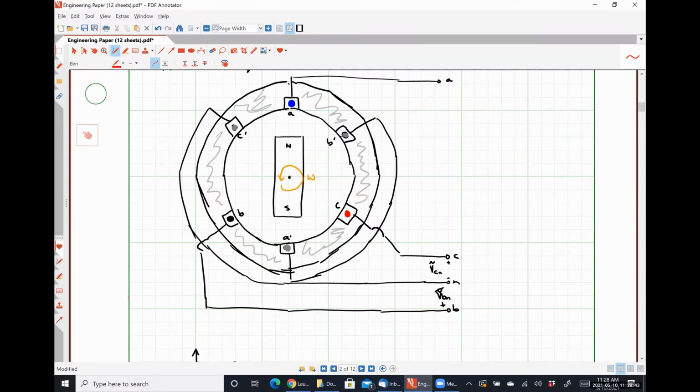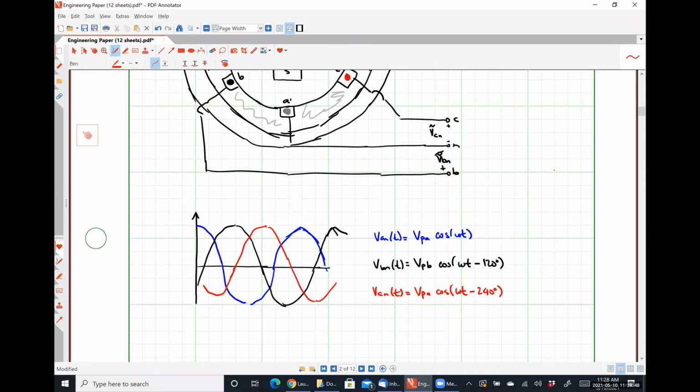Now, another thing that I want to point out right now, I have listed that the A phase has a magnitude of VPA, the B phase has a magnitude of VPB, and the C phase has a magnitude of VPC. It would be extraordinarily unusual for these guys to not have the same magnitude, okay?